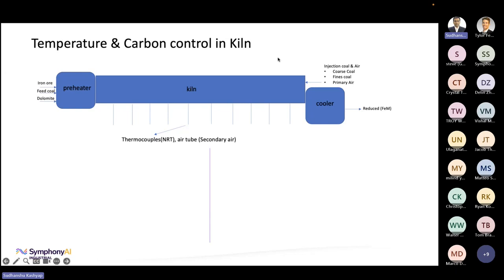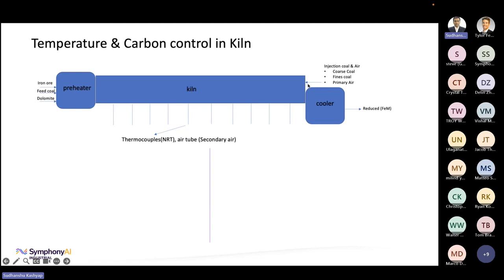So again, this is a schematic of a kiln, and we see a preheating section. Before that, iron ore with feed coal and some dolomite is being fed. It goes through the kiln, and then we get an injection from the rear end where we inject coarse coal as well as fines coal. The reason for using a mixture of coarse and fines coal is to make sure that the injection gets distributed evenly throughout the second half of the kiln.